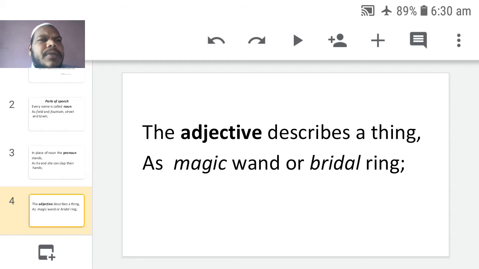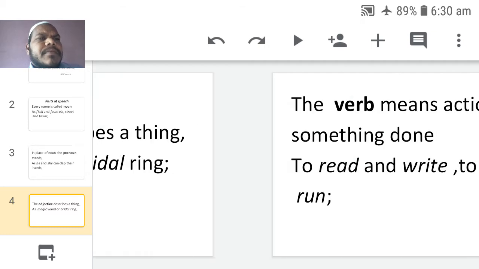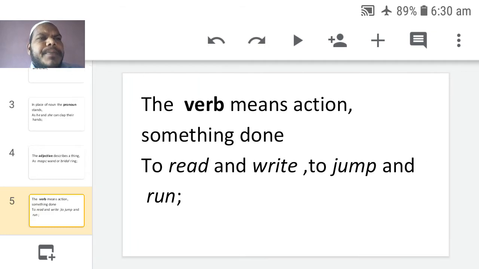The adjective describes a thing as magic wand or bridal ring. The verb means action, something done. To read and write, to jump and run.